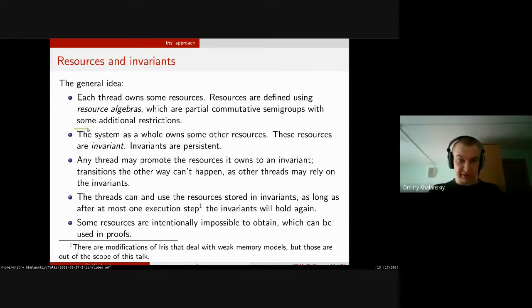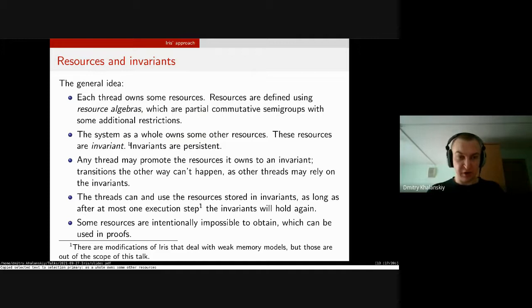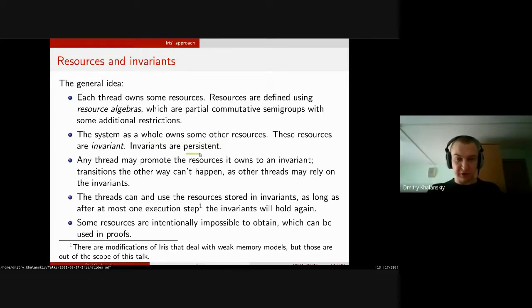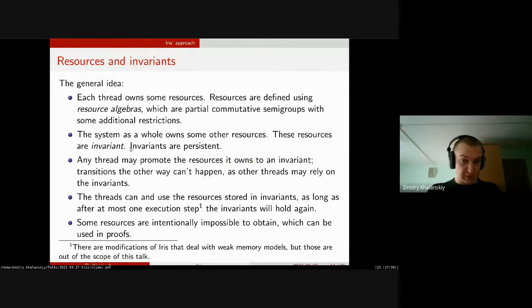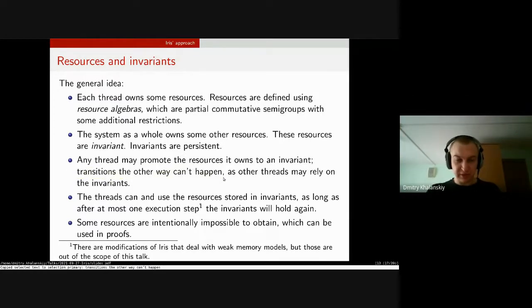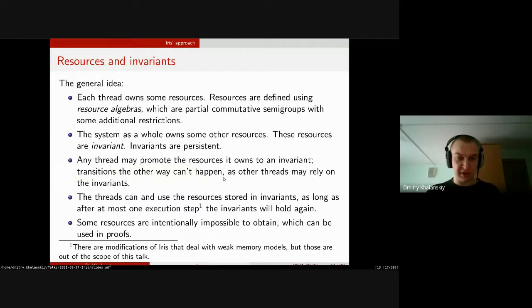Next, the system itself, that is not some particular thread, but the system as a whole, is also permitted to own some resources. They are called invariants, and invariants are persistent. Once you give up from some thread the resources that it owns to an invariant, these resources stay invariant until the end of your program execution.